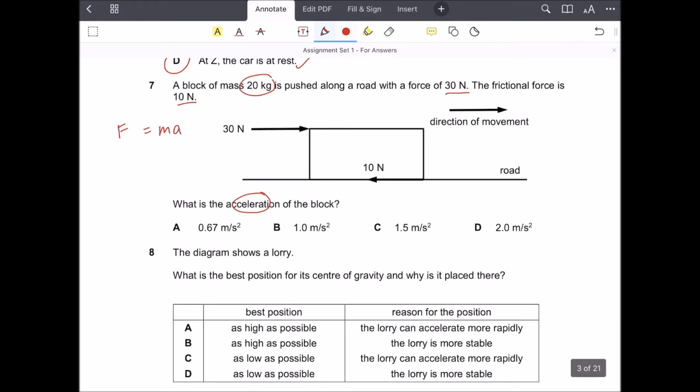But this F is actually the net force, which in this case is 30 minus 10, and the mass is 20, and you want to find the acceleration, which will give me 1 meter per second squared.